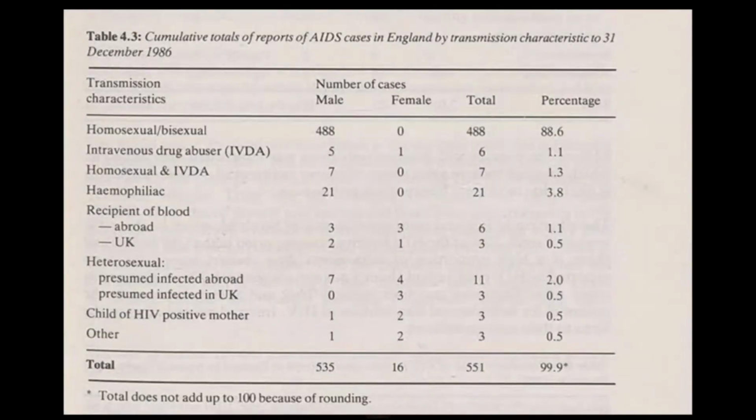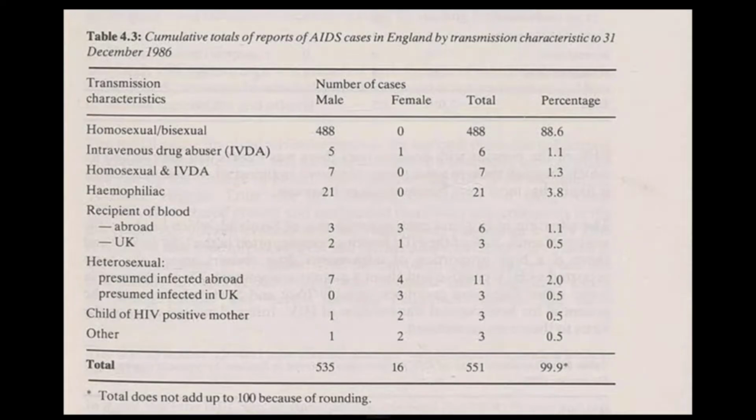If we look at table 4.3, for example, cumulative totals of reports of AIDS cases by transmission characteristics for people with haemophilia and recipients of blood both abroad and in the UK. So we can see that there were, for example, 6 cases of transmission by blood transfusion abroad and 3 in the UK as at December 1986, and 21 people with haemophilia.